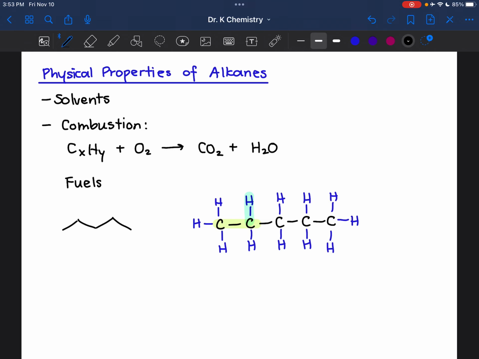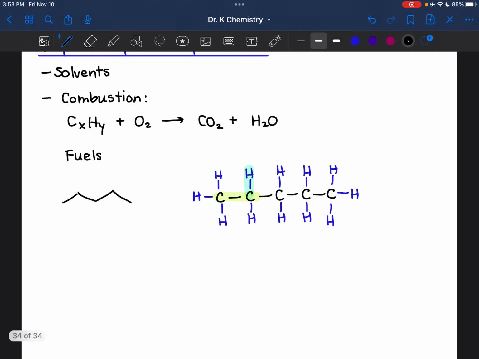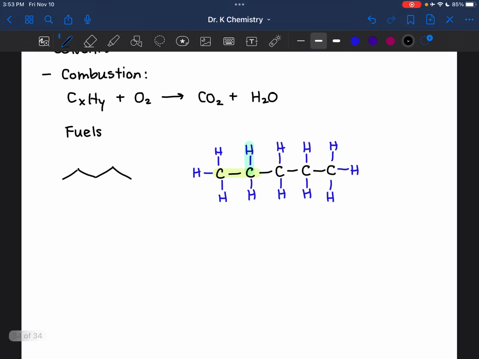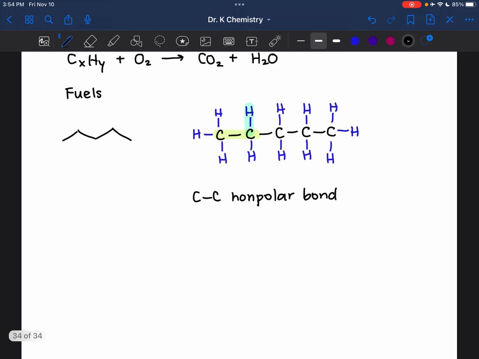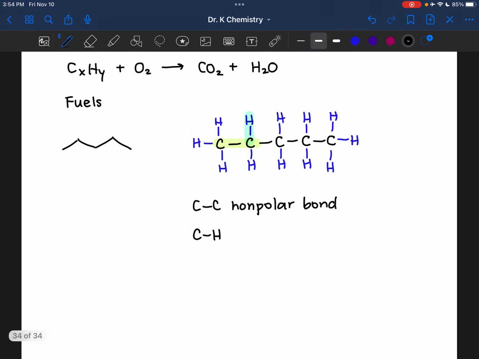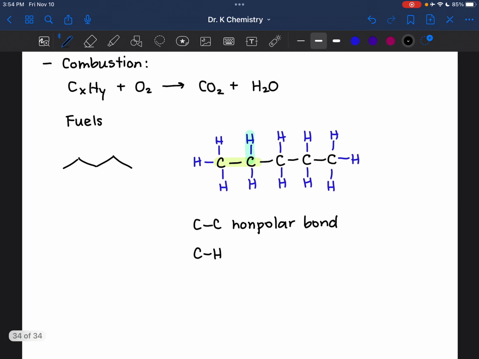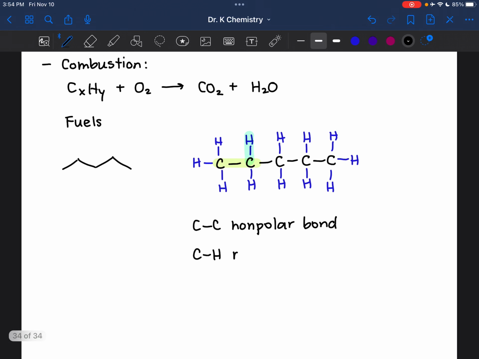If you think back to when we talked about polar and nonpolar bonds, we said that in order to determine whether a bond is polar or nonpolar, we calculate its electronegativity difference. If carbon is bonded to itself, there is no electronegativity difference. It's the same. So the carbon-carbon bond is nonpolar. The carbon-hydrogen bond is also nonpolar. Its electronegativity difference is very small, and you could go back and calculate that if you don't remember. So this is also a nonpolar bond.